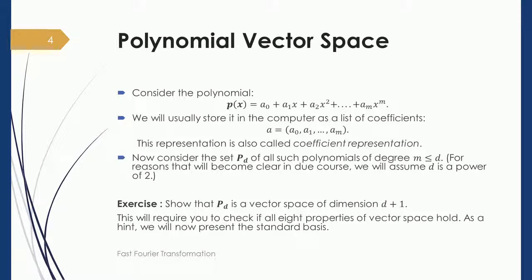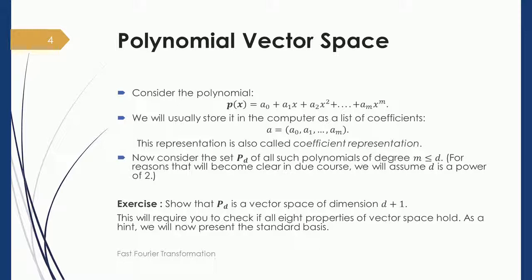Let us first understand what we mean by the polynomial vector space. Consider a polynomial p of x. It can be written in its standard form as a0 plus a1x plus a2x squared plus and so on up to a sub m x raised to the m, and this is a polynomial of degree m.